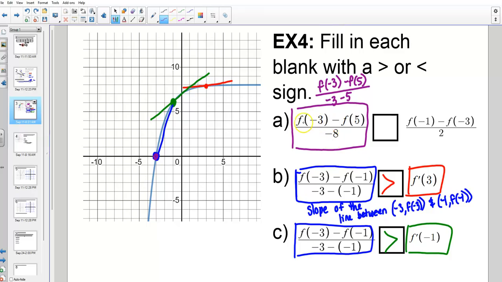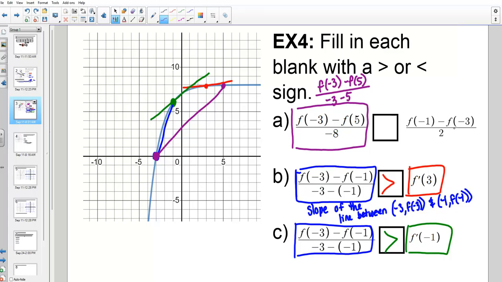So this is just a slope between f of negative 3 and f of 5, which is over here. That's this purple line right here.